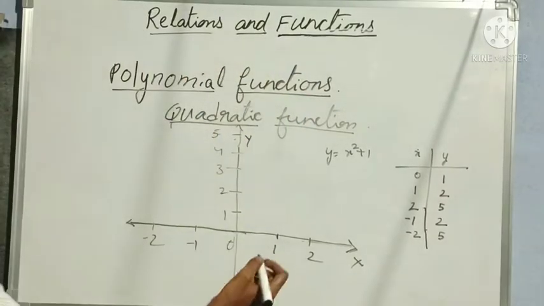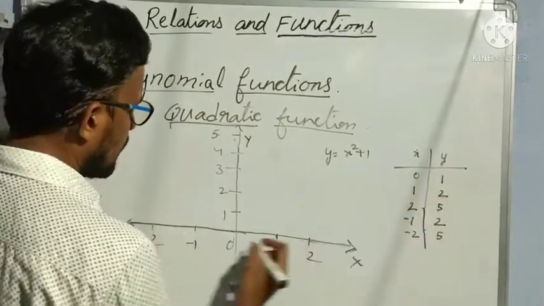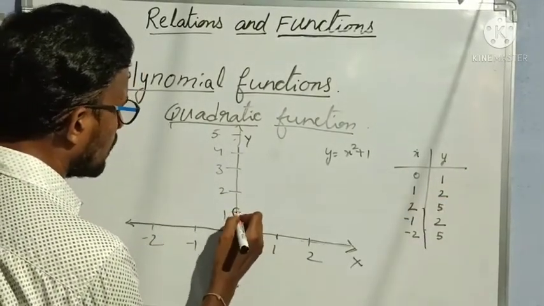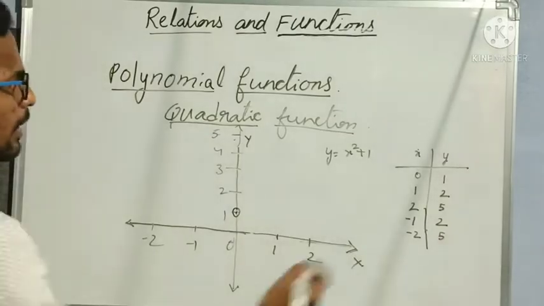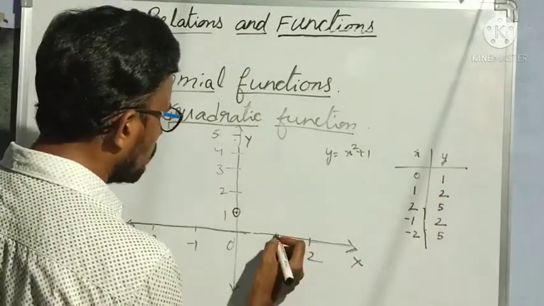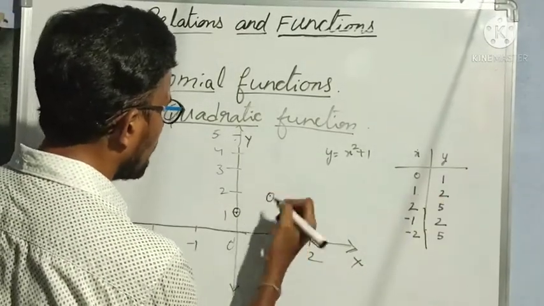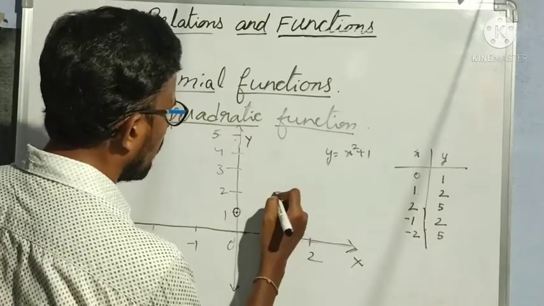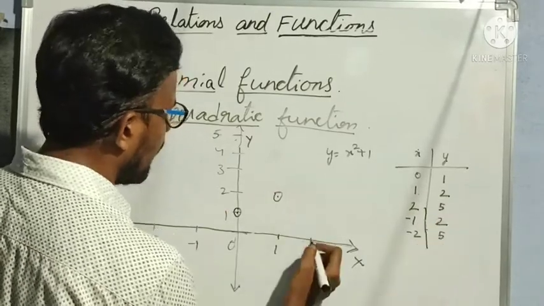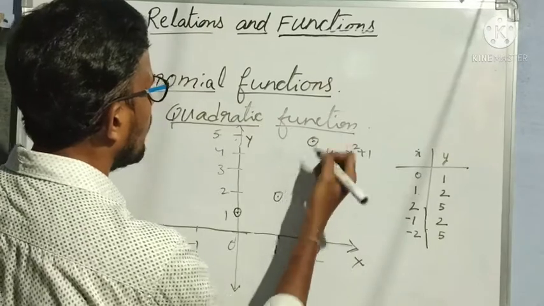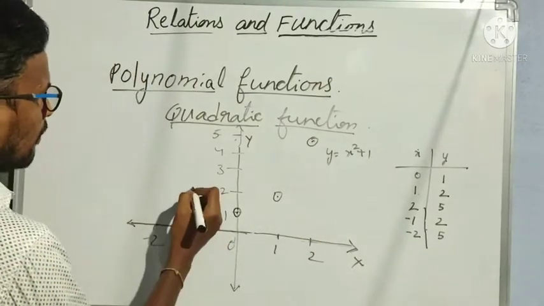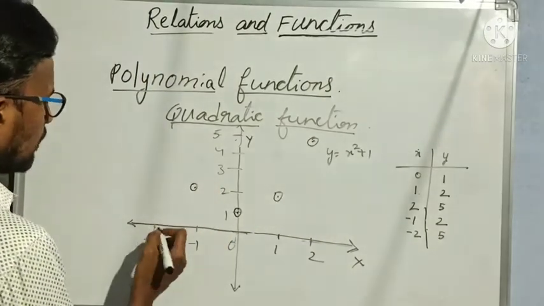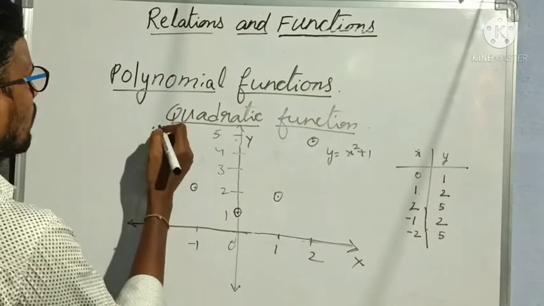So now when x is equal to 0, y value is 1, so this is my first point. When x value is 1, y value is 2, so here this is my second point. And when x value is 2, y value is 5, so 2, 5, means here this is my third point. In the same way, when minus 1 also 2 and minus 2 also 5.